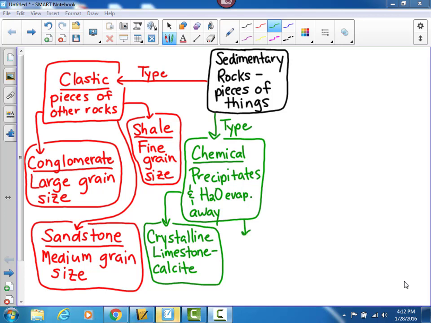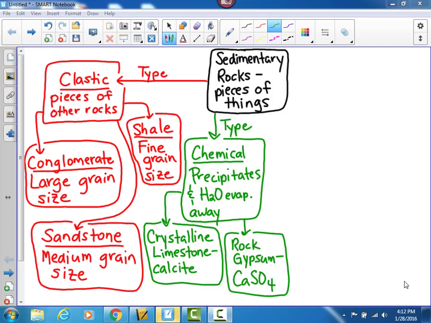The second one is known as rock gypsum. Again, gypsum is a mineral that you've seen already, and it is made from calcium sulfate, CaSO4. So that would be the compound that would be precipitating in that one.